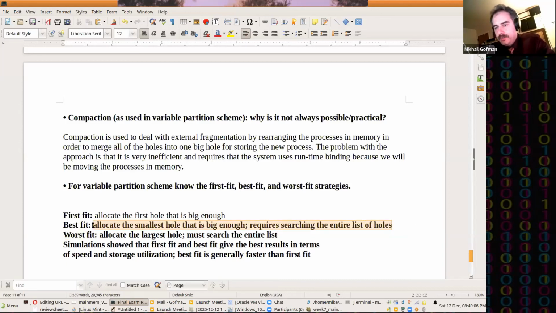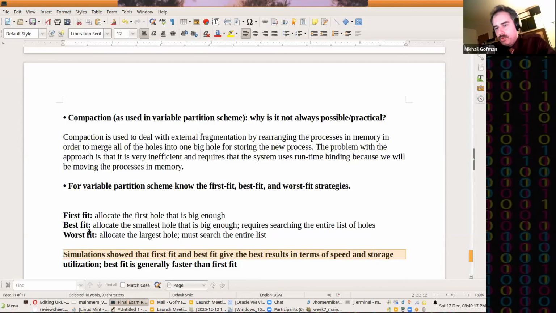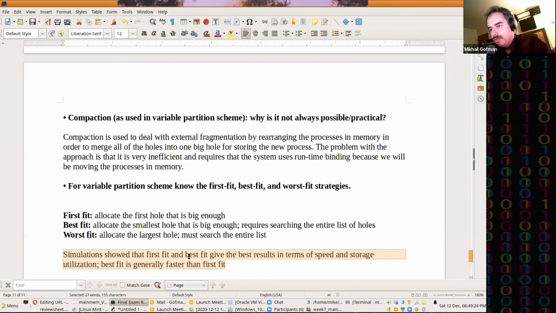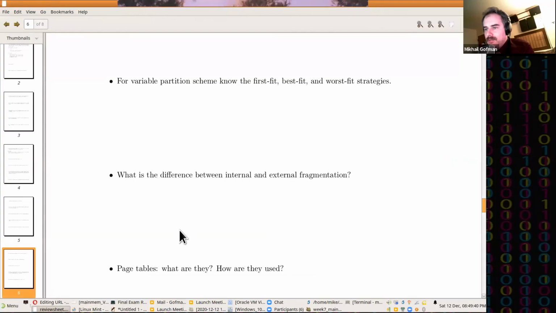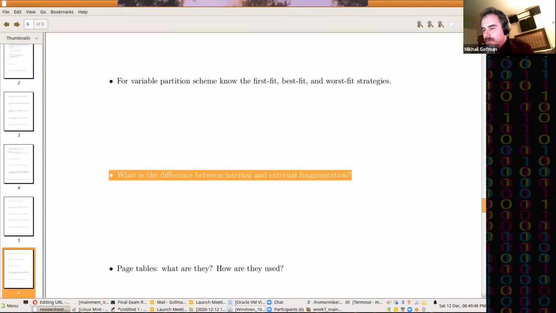Best fit: find the smallest hole that is big enough to store the process. And worst fit: find the largest hole that is big enough to store the process. And once again, according to the simulations, first fit and best fit give the best speed and memory utilization, whereas the best fit is generally faster than the first fit.